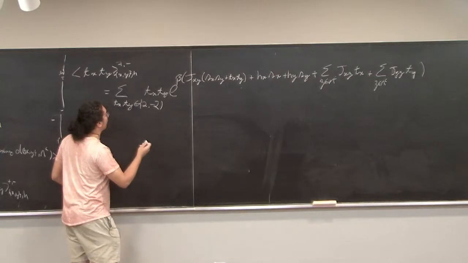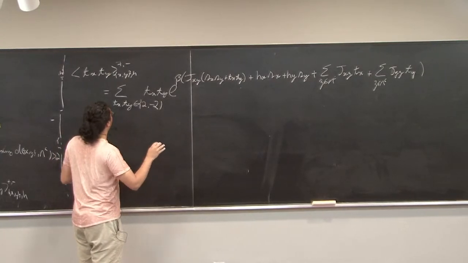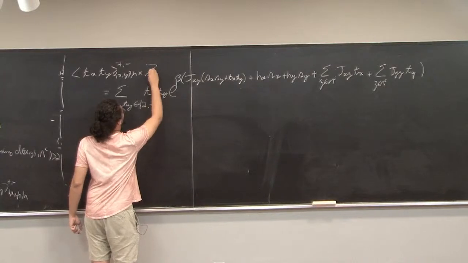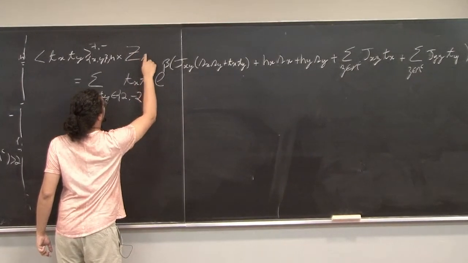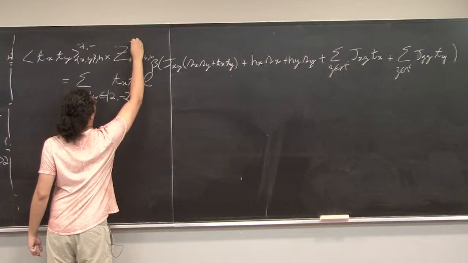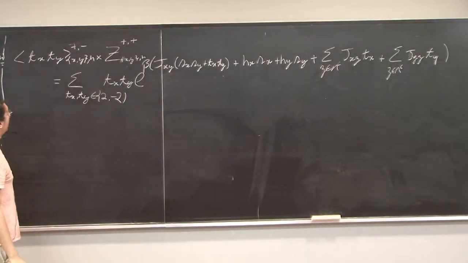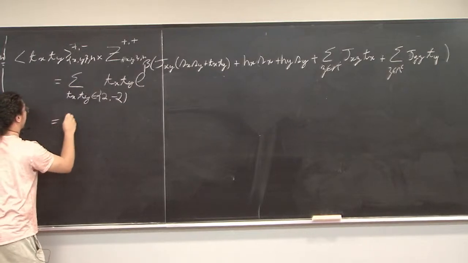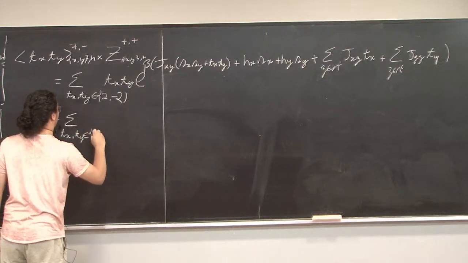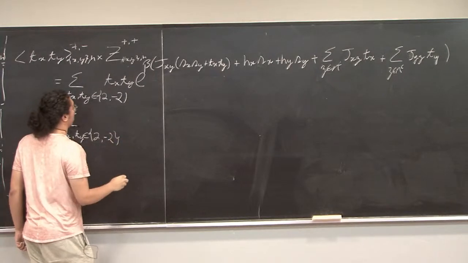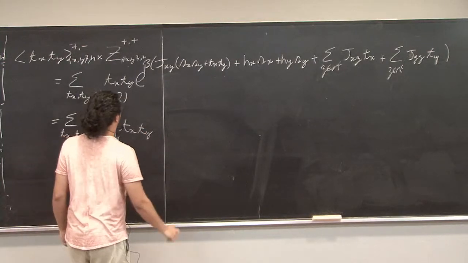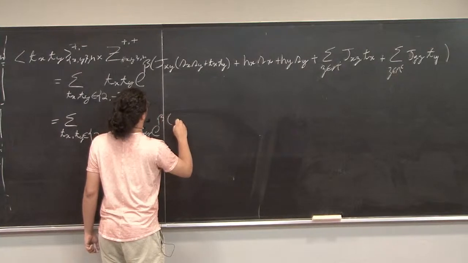Just so I don't write it down every time, I'm going to put the partition function here, Z lambda, x and y, h, plus and minus, plus and plus, is equal to the sum over tx and ty, 2 and minus 2, and exponential of beta J_xy.